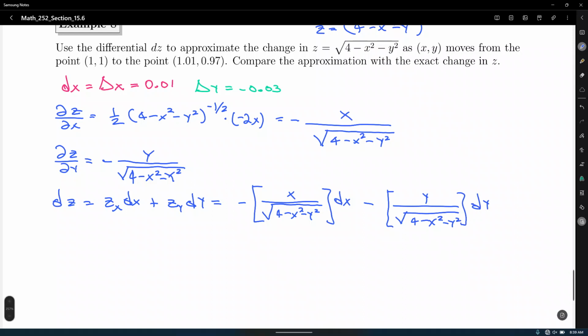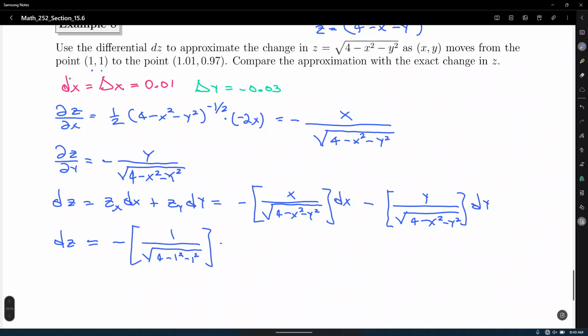Now let's substitute the values to get that approximate change. So dz equals negative, what's x? X and y are going to be 1 and 1. So that is negative 1 over the square root of 4 minus 1 squared dx.